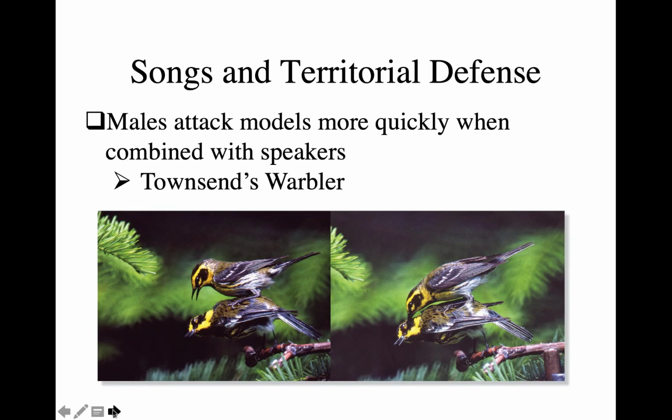And there is a clear link between territorial defense and song production. Studies have also shown that if you put out a model, just the physical presence of a potential rival, a competing male potentially, by using a museum skin that's mounted to look fairly realistic, sometimes those will be attacked by neighboring males if they're seen, but certainly if you combine that with vocalization, it increases the attack rate significantly, as shown here with this Townsend's warbler attacking this museum mount.